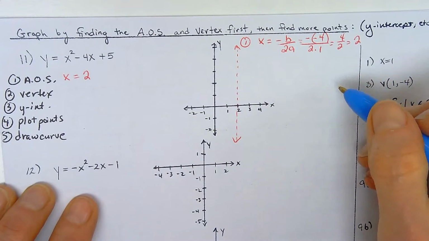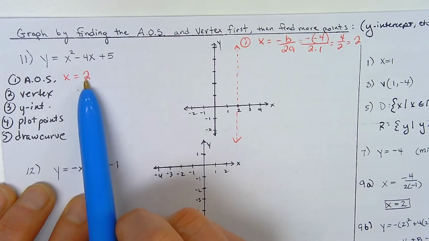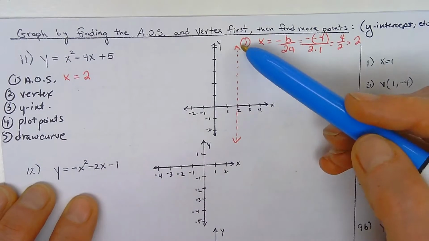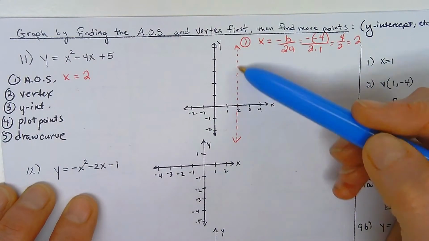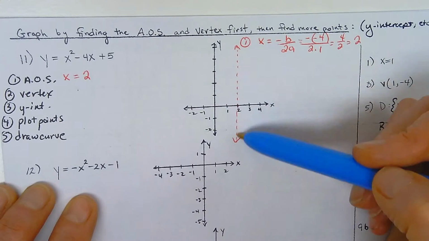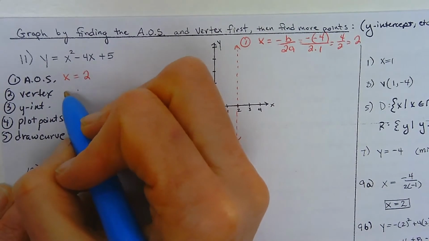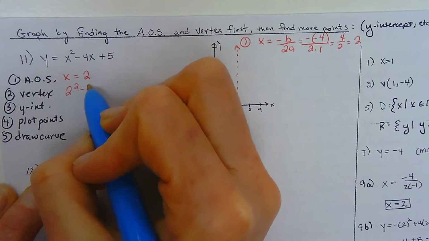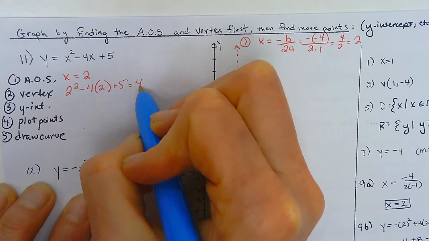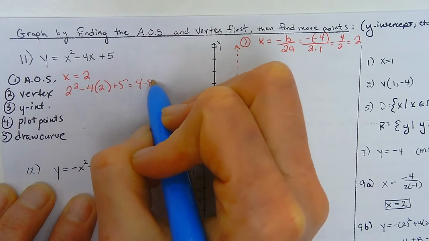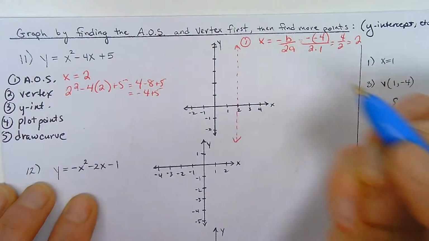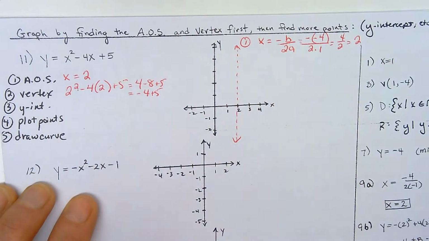Now to find the vertex, I take x equals 2 and put it into the function to get a y value. Somewhere on this axis of symmetry is the vertex. So if I put 2 into the function, it will tell me where. 2 squared minus 4 times 2 plus 5 is equal to 4 minus 8 plus 5, which is negative 4 plus 5, which is 1.